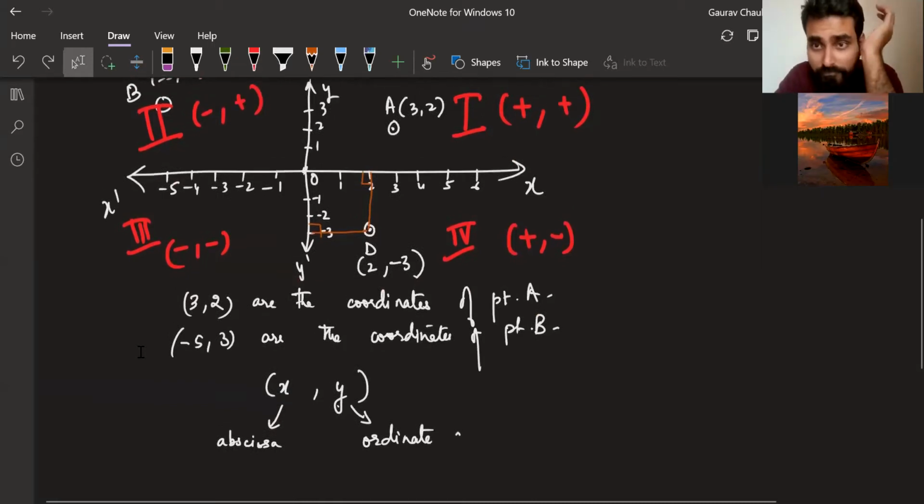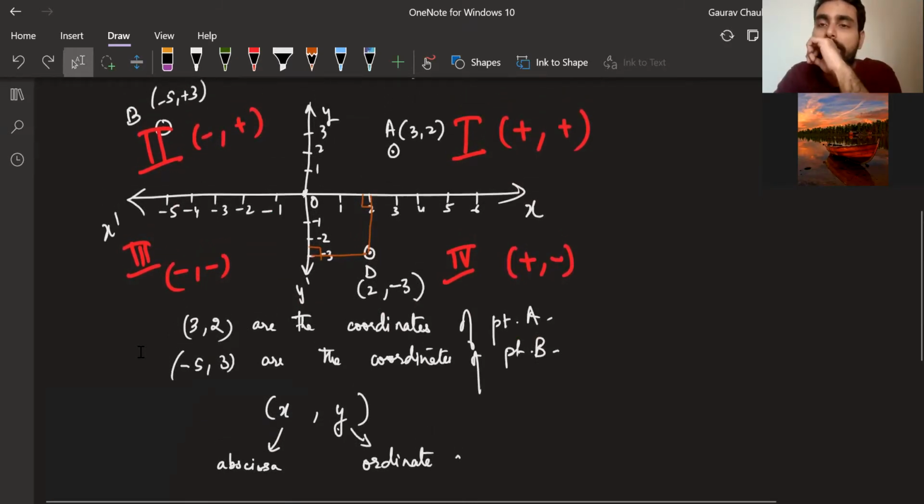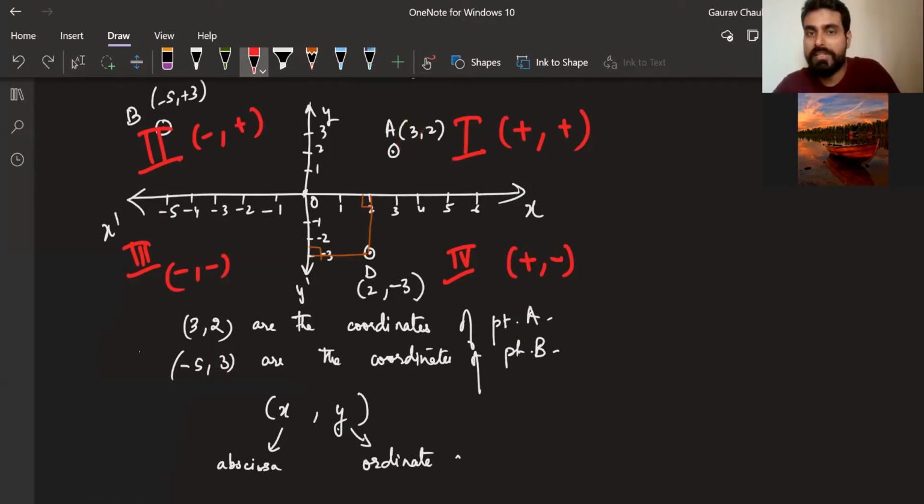Sir, I didn't understand what you just said about the x coordinate and y coordinate. The x coordinate is 3. You are clear that the coordinates of A are 3 and 2? You're clear how to find it by dropping a perpendicular? Yes, sir. Okay, Bindu, my question is, how far is point A from the y-axis?